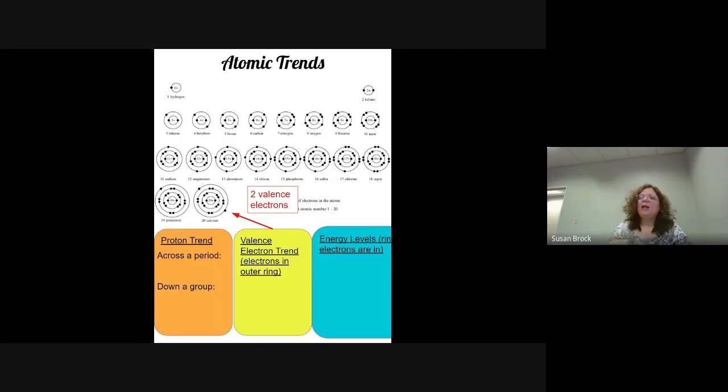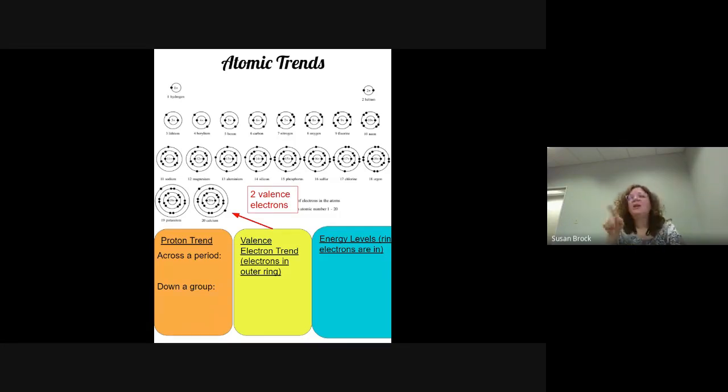All right, so what I'm showing you here are the Bohr models. We know the Bohr models are not the model of the atom that we believe to be true now, but the Bohr model helps our minds and helps us understand things better than the electron cloud model. So just so you know, I'm showing you the Bohr model, but that's not what we believe the electrons do around the nucleus, right?